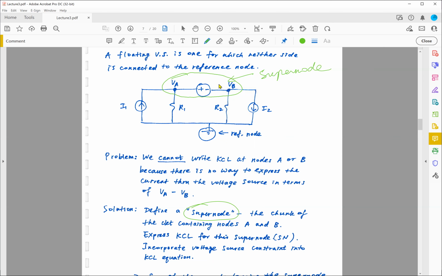Those two unknowns are still VA and VB. But if we are just going to write an equation for this particular supernode, then how are we going to solve for VA and VB? Shouldn't we have two equations so that we can solve for two unknowns? And right now we only have one equation. How can we solve for two unknowns with just one equation?